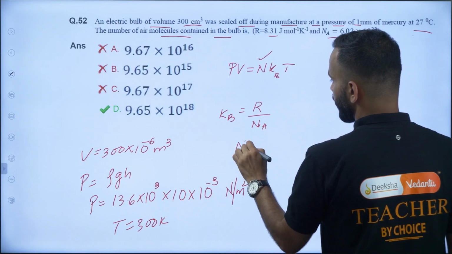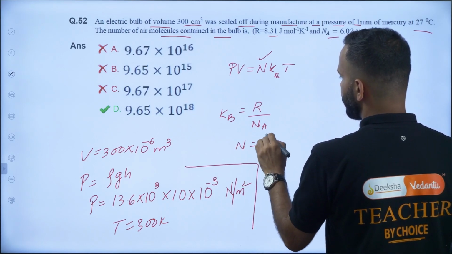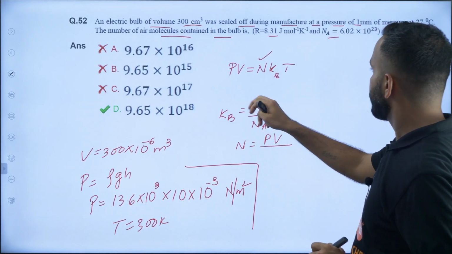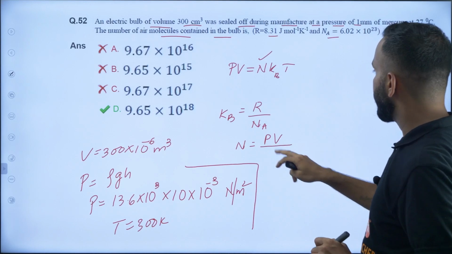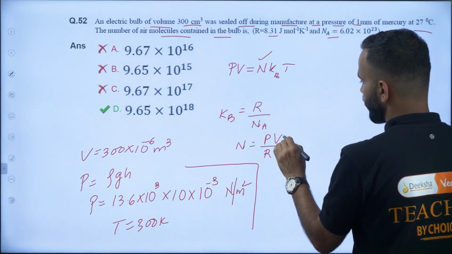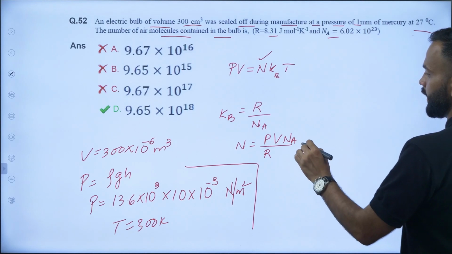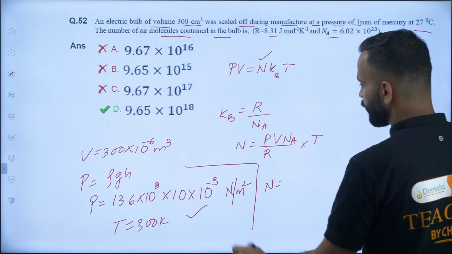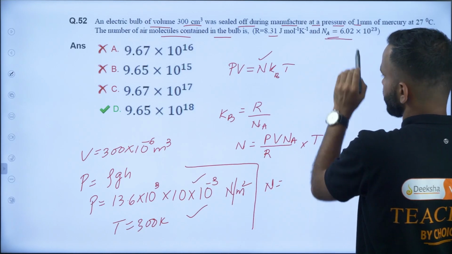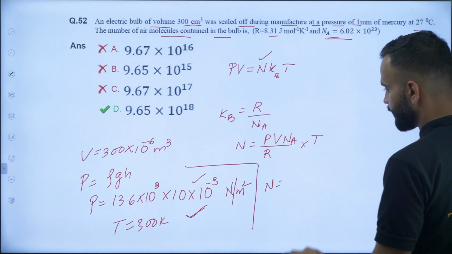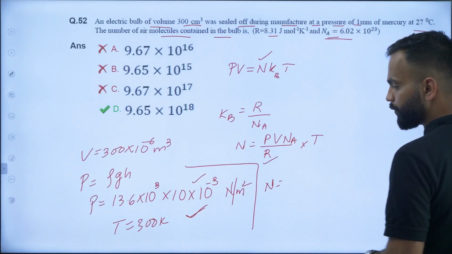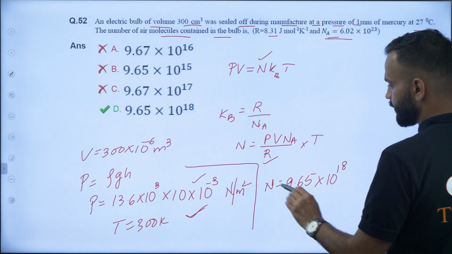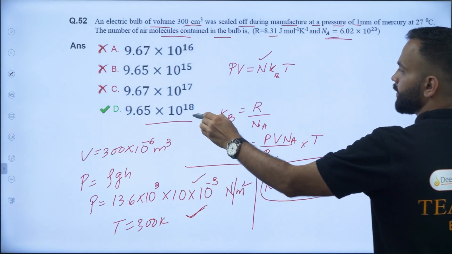So now N is equal to PV divided by KB T, where KB is R by Na, R divided by Na, into T. So substitute the value of P, and then Na, and then T 300 Kelvin, and then the value of R, you will get N equal to 9.65 into 10 to the power 18. The correct option is D.